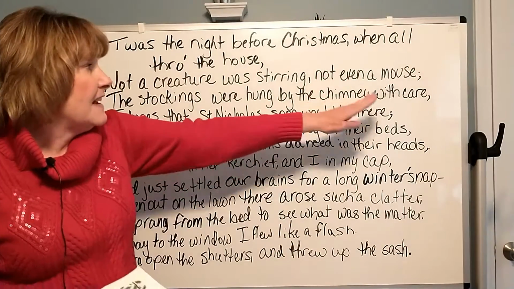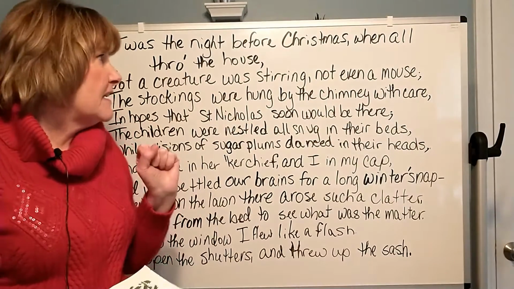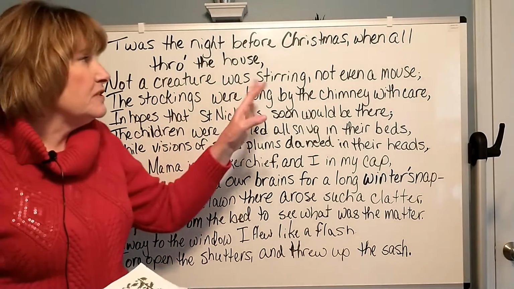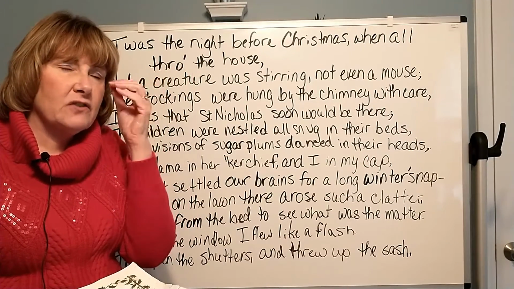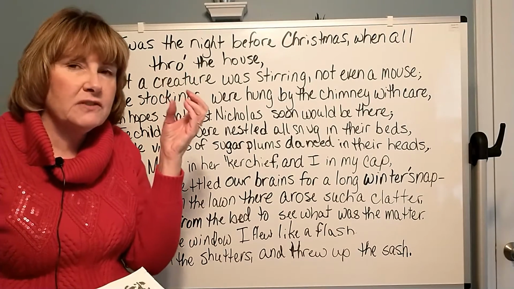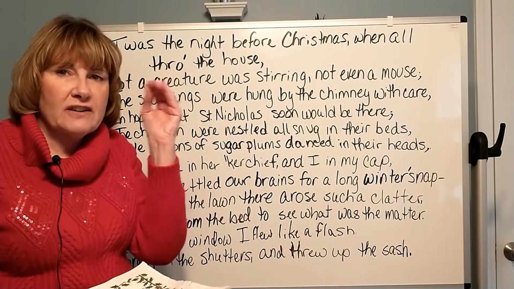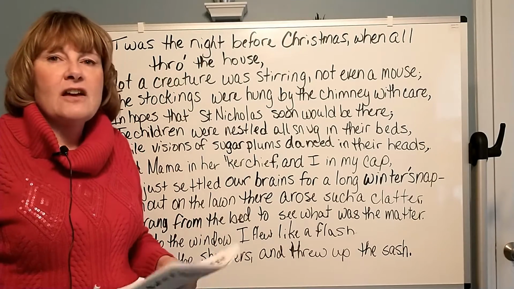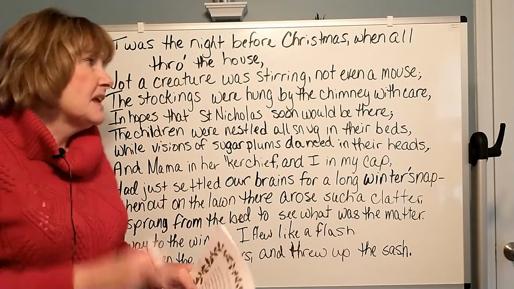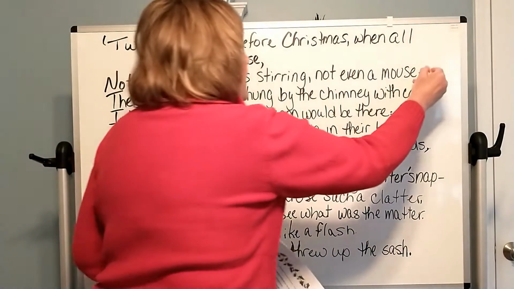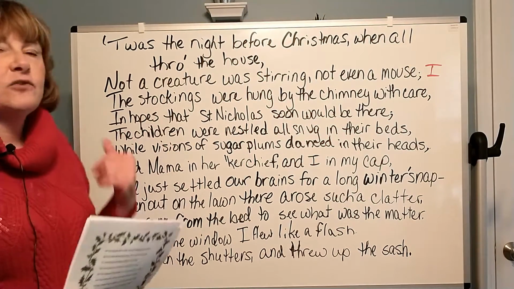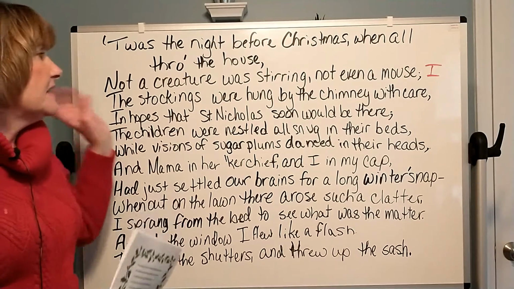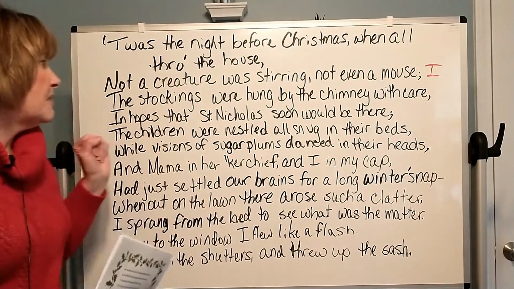Now by adding that picture right there of not even a mouse, it really tells us how quiet the house was. And we're like saying to ourselves, oh, well, gee, even maybe the mice were asleep. And maybe you can picture in your head the mice sleeping. So we can call that imagery for this line because it just doesn't say the house was quiet. It tells us not a creature was stirring and not even a mouse.